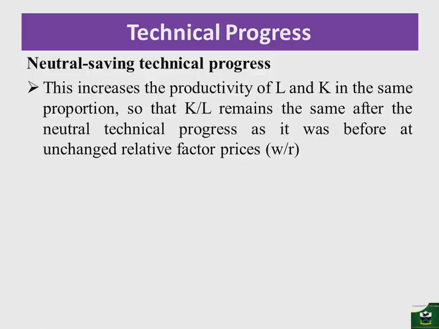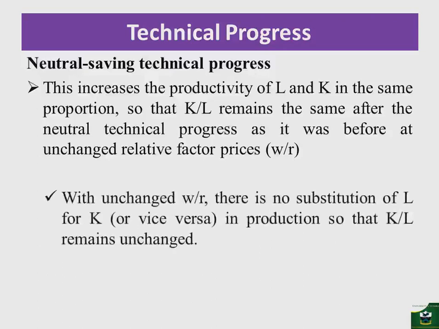Now, when the technical progress is neutral, it means that neither capital nor labor is substituted in the production process. So you will have your capital, you will have your labor, but none of the two will be substituted. So if you are removing capital, you will have to remove the labor from the production process, but not substitute one for the other.